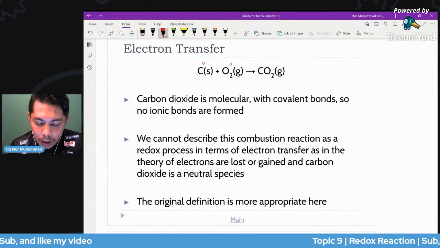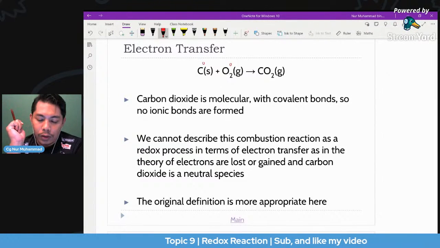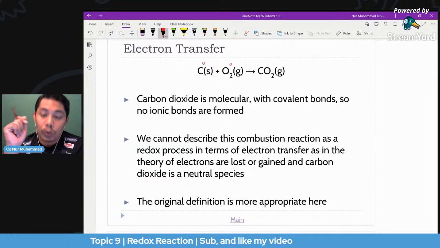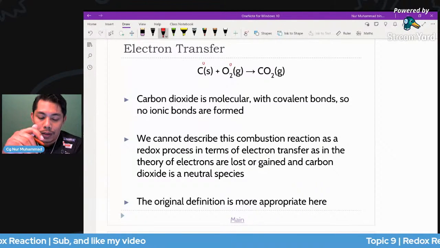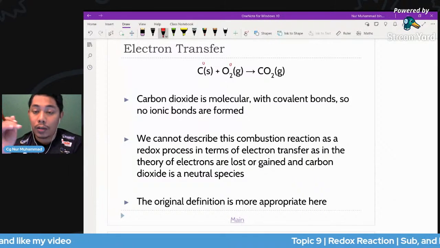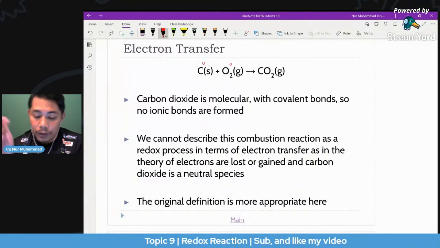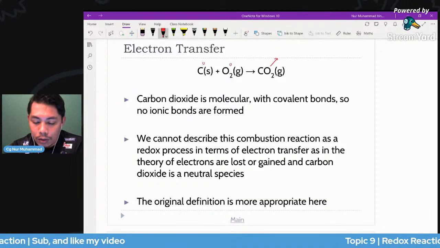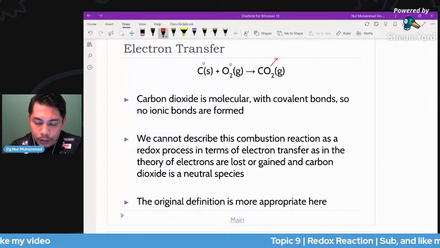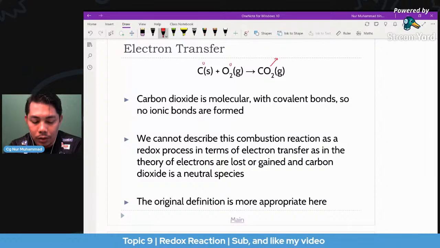Okay. Alright. So kalau in terms of transfer of electron, okay, not suitable to apply for all chemical reaction. Selalunya in terms of electron transfer ni suitable for the ionic compound. This is covalent compound. Covalent. Okay. So this is covalent compound and it not suitable to apply on the covalent compound.